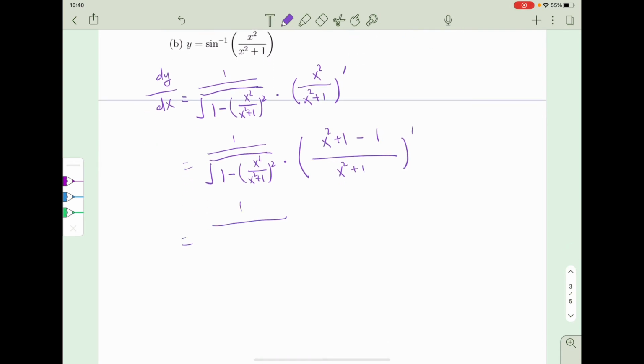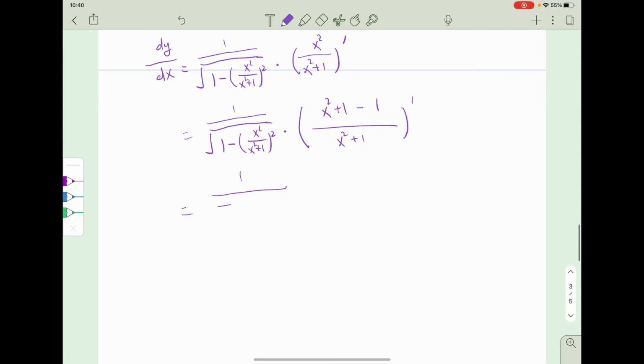At the same time, I'm changing this into 1 minus x to the 4 over x squared plus 1, squared. And the other factor here becomes 1 minus 1 over x squared plus 1.